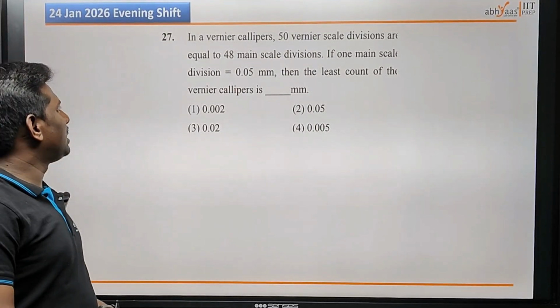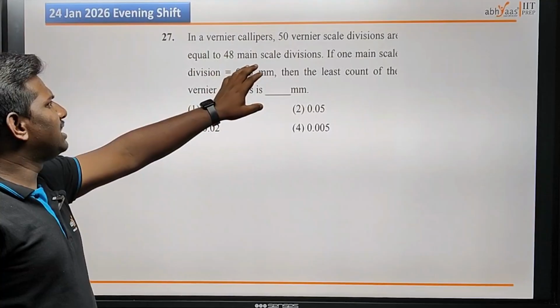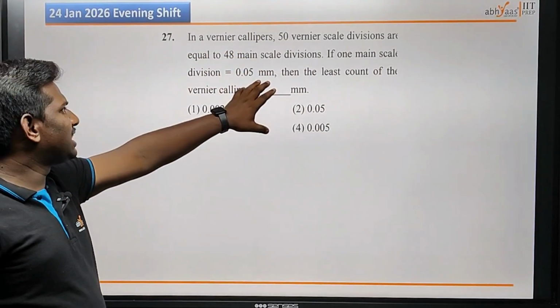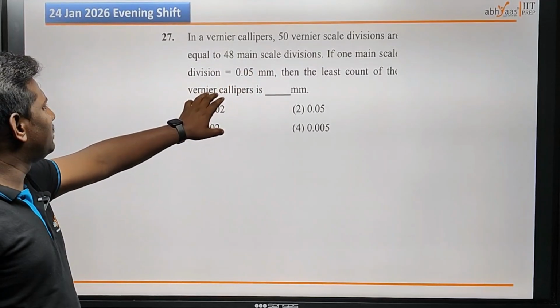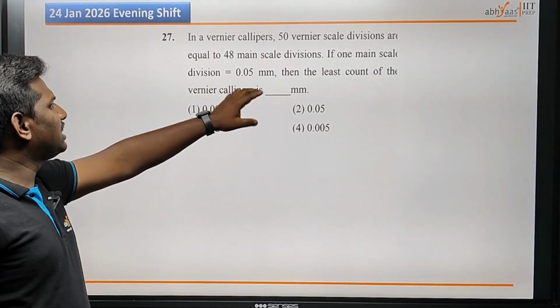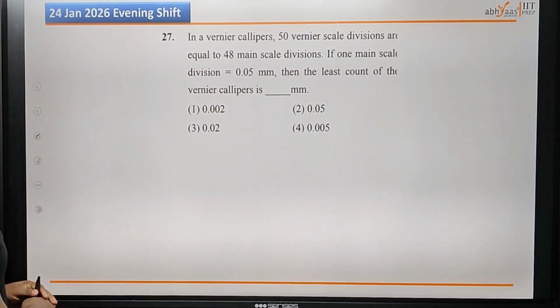Question number 27. In vernier calipers, 50 vernier scale divisions are equal to 48 main scale divisions. If a main scale division is 0.05 millimeter, then find the least count of the vernier calipers. What is the least count formula?